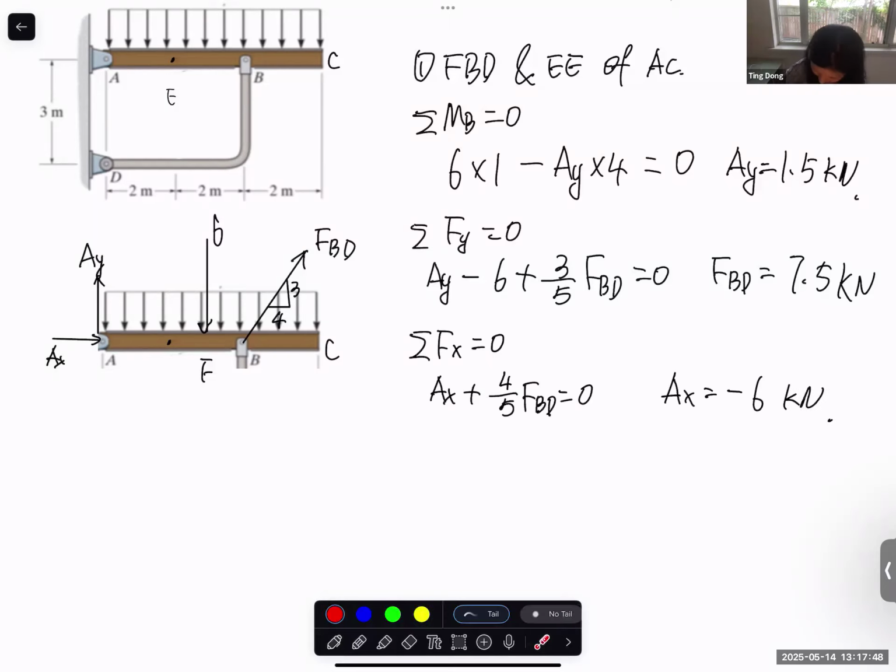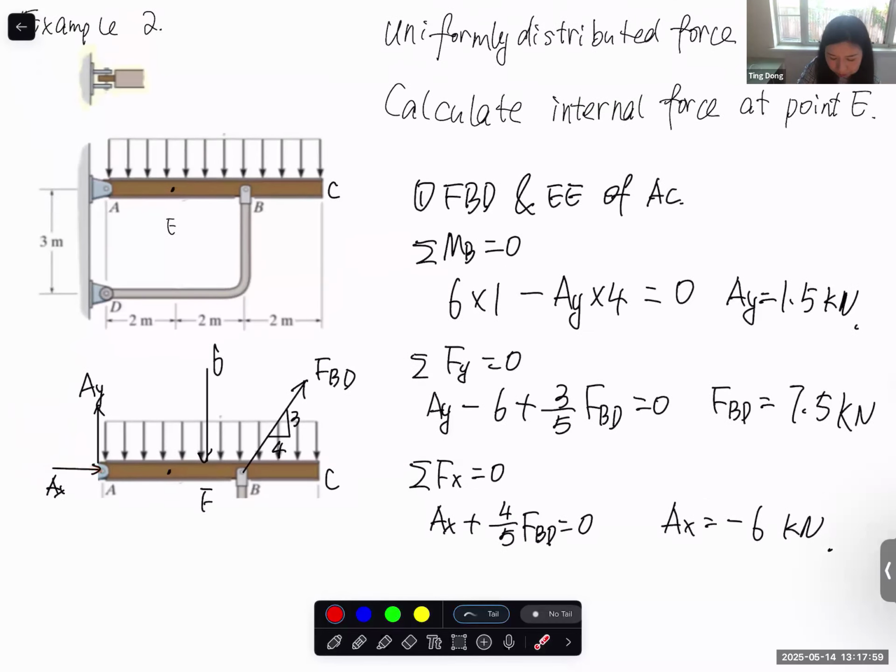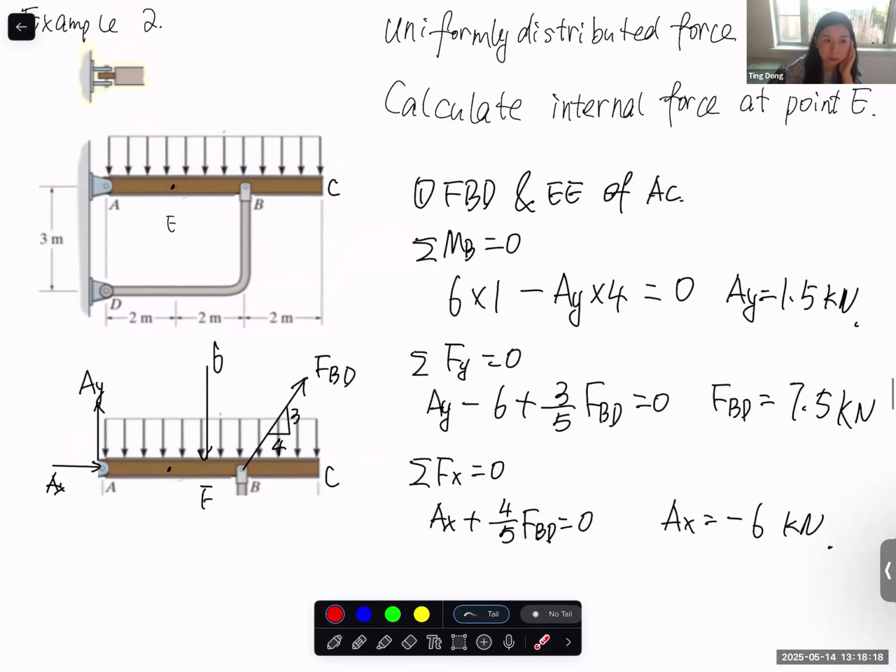So this negative number means that the actual reaction force at point A in the x direction should be in the negative x direction, which makes sense because just imagine you have a structure like this and you have the distributive force applied downward. You should expect that without calculation, the pin joint should pull the whole structure in the negative x direction. So the calculation makes sense.